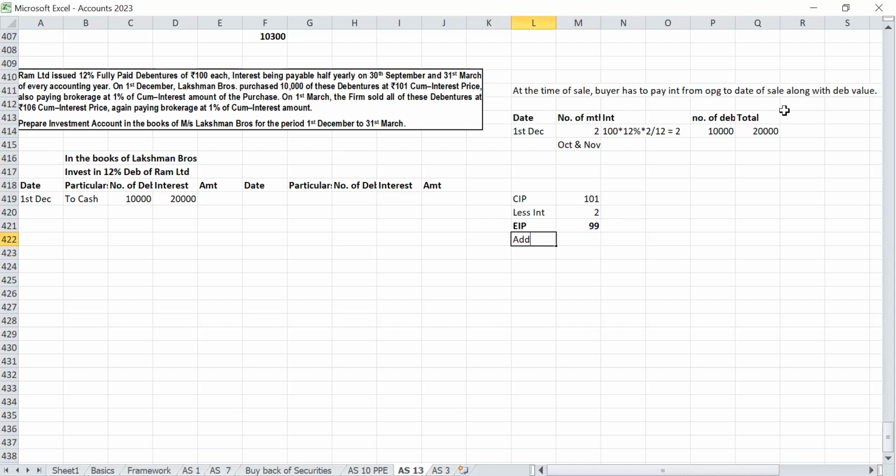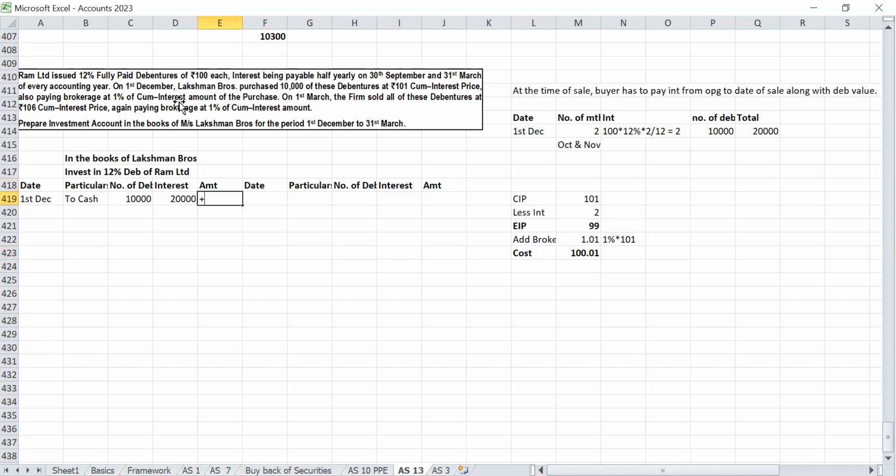Normally cost includes brokerage. At the time of purchase, brokerage should be added. Brokerage is 1% of the cum interest amount, 101. So 1% of 101 added, the total cost will become 100.01.